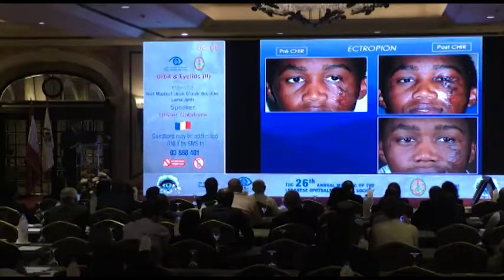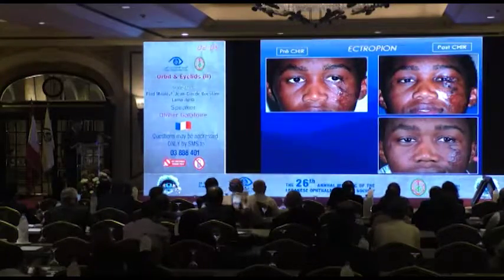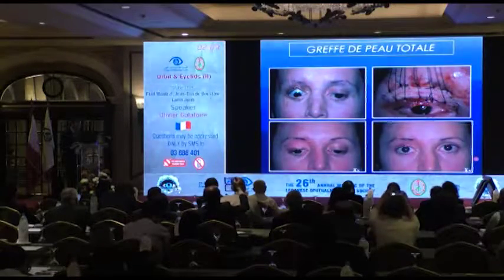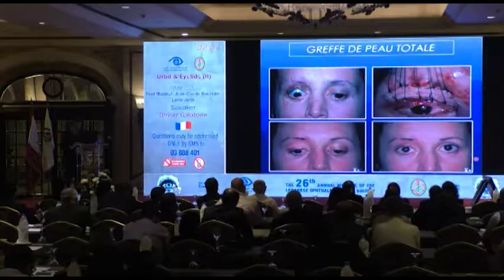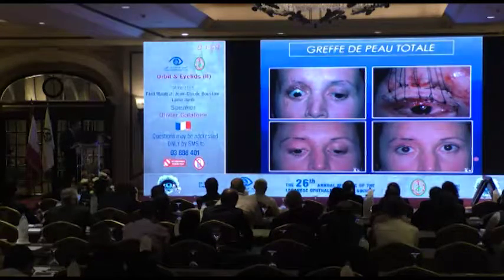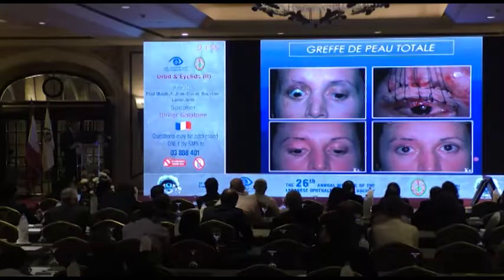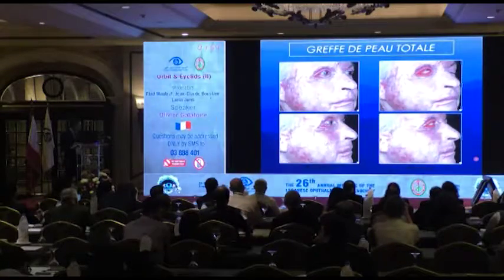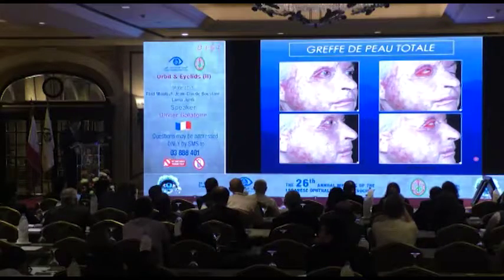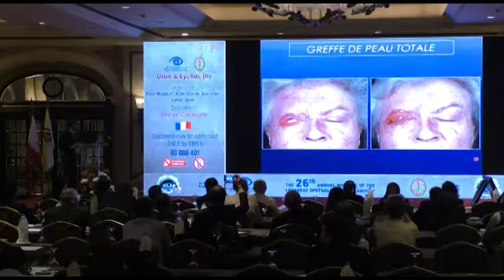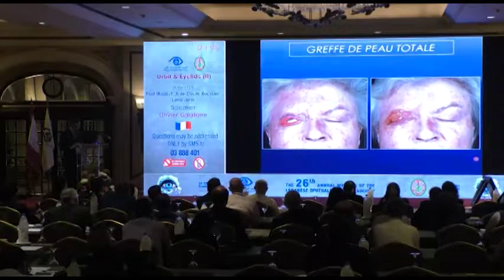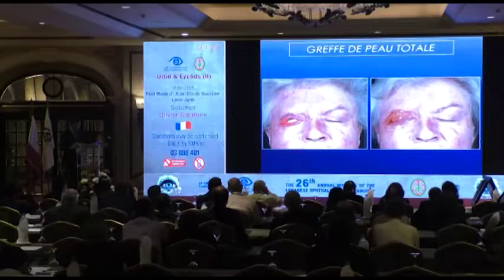Be careful with keloid cicatrization, as you can see here, and if you have a big, important retraction, post-traumatic in this case, you need a dermal graft, with very good results on the upper eyelid. You can see here a big burn cicatrization and good results, permitting eye closure and avoiding ectropion with the graft.